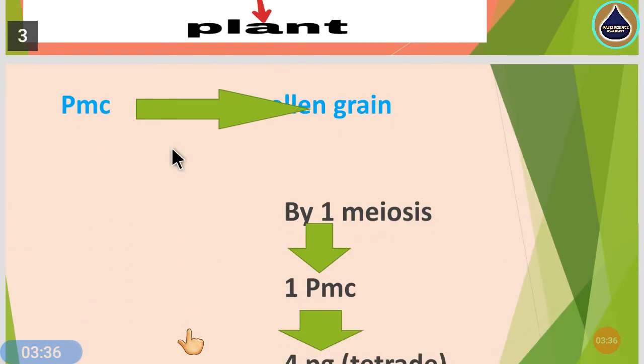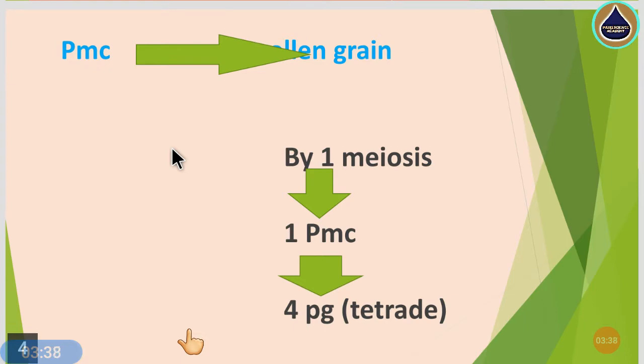Now we'll go for the number of cell divisions needed for the formation of the pollen grain. Dear students, you can see here the term PMC, which means pollen mother cell. This pollen mother cell is a diploid cell, 2n in number, and it is needed for the formation of the pollen grain, because the pollen grain eventually forms the male gamete.